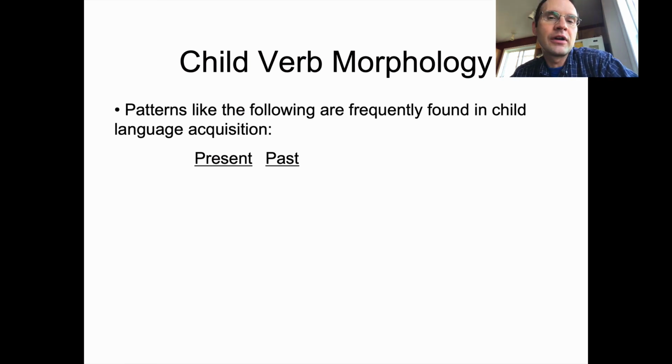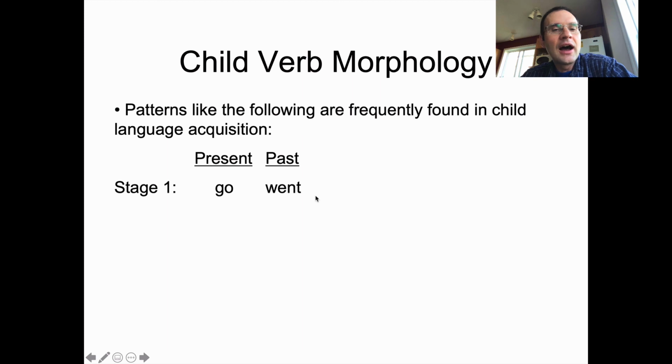More dramatic changes going on here. This brings me to the topic of child verb morphology. So it's interesting to see how these things play out in child language acquisition. The one pattern that people have noticed that kids often do, not always, but generally speaking, is that in the early stages of language acquisition, when they're picking up individual words, you might hear a child say, I go, or I went for the past tense.